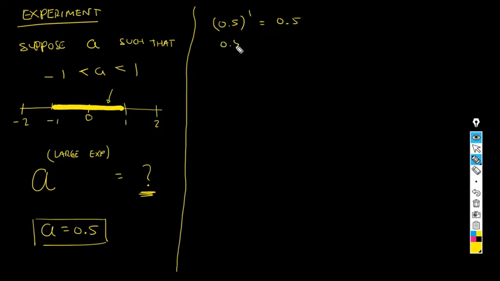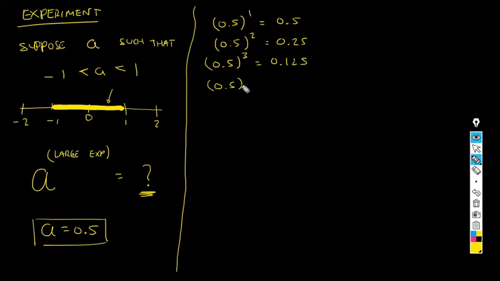Next, let's raise 0.5 to the 2. Let's do it. I'm gonna do it with you. You should get 0.25, right? Let's continue. 0.5 to the cube. Let's raise it. You will get 0.125.